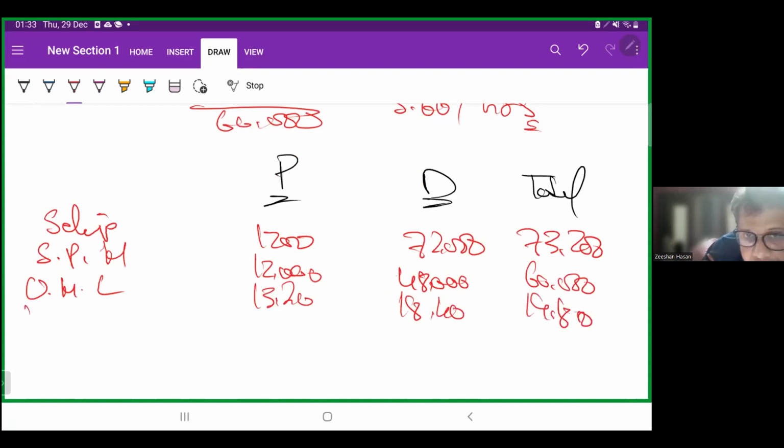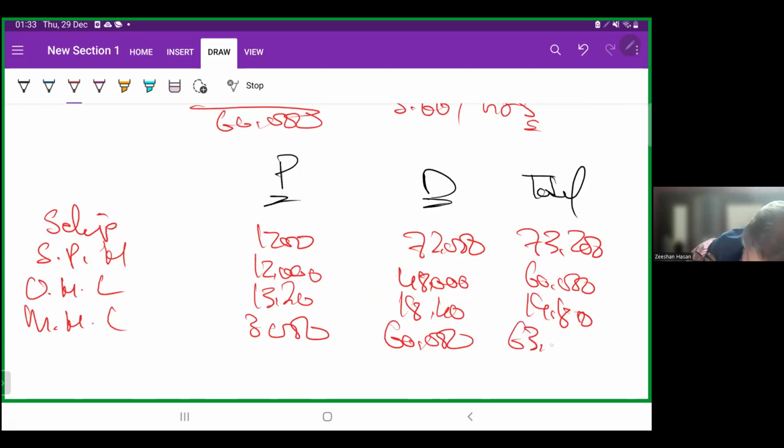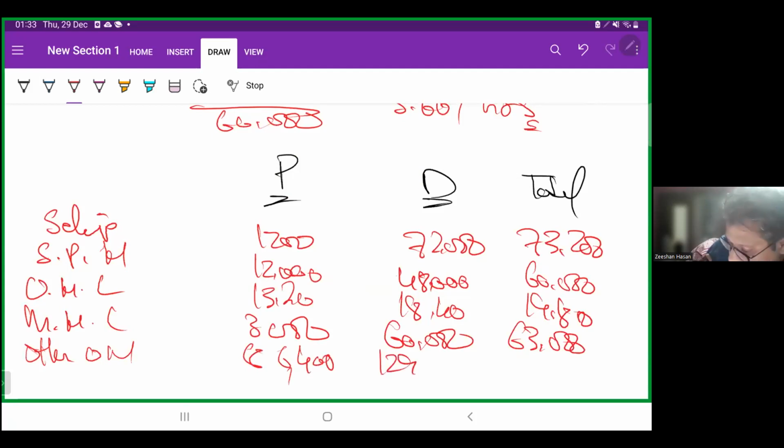Material handling cost: 3,000 and 60,000, we'll get 63,000. Other overhead: 86,400 and 129,600, total is 216,000.